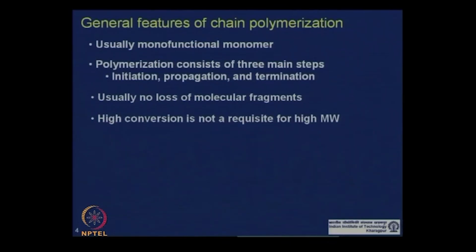And we also know from our original discussion that we do not require high conversion, unlike step growth polymerization where we require high conversions to have a high molecular weight. In this case we do not require high conversions to build a high molecular weight.